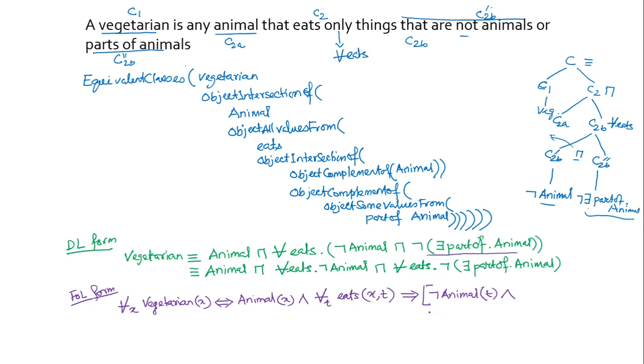So the negation will directly use there exists an animal A such that t is a part of A, and A is an animal.